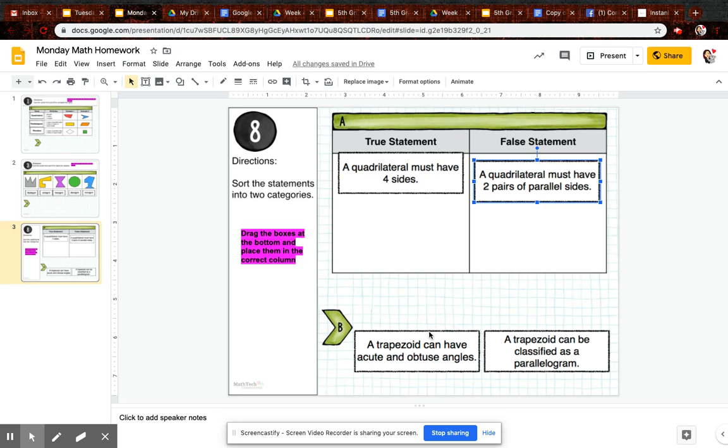A trapezoid can have acute and obtuse angles. Let's think about this for a minute. It can have acute and obtuse angles. Take a second. Why don't you draw yourself a trapezoid? Let's see what you found out.